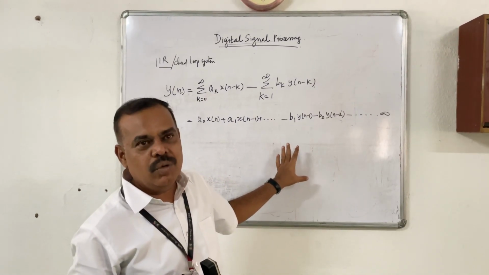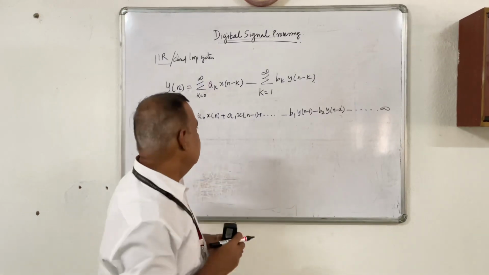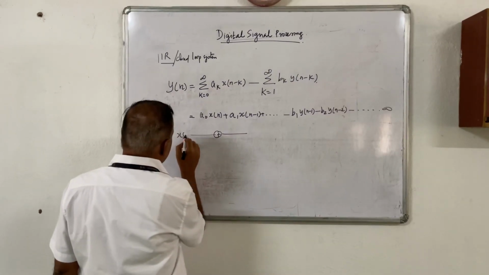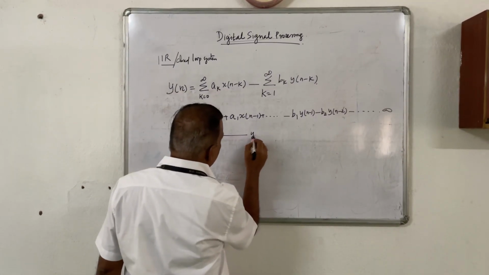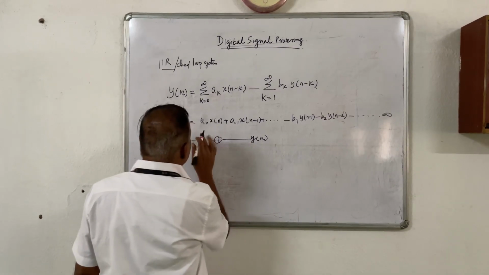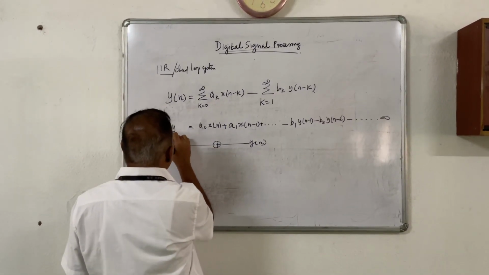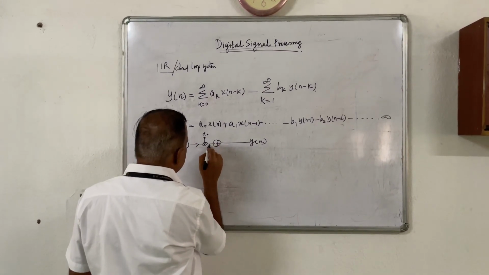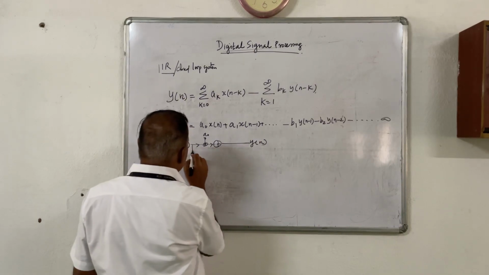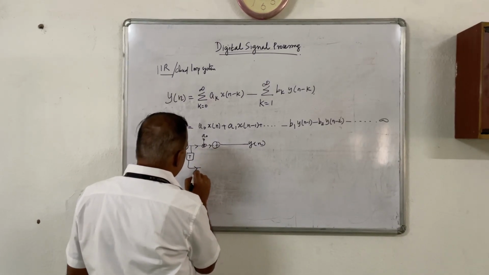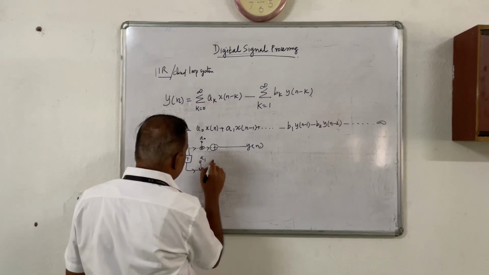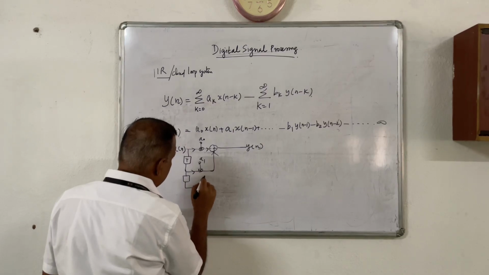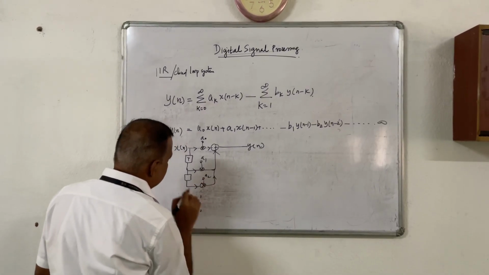Now we will check how the architecture is drawn. Similarly, I take an input x of n and output y of n. So y of n is equal to x of n multiplied by a constant a0, plus x of n delayed by one unit and multiplied by a1, and again delayed by one unit and multiplied by a2, and so on.